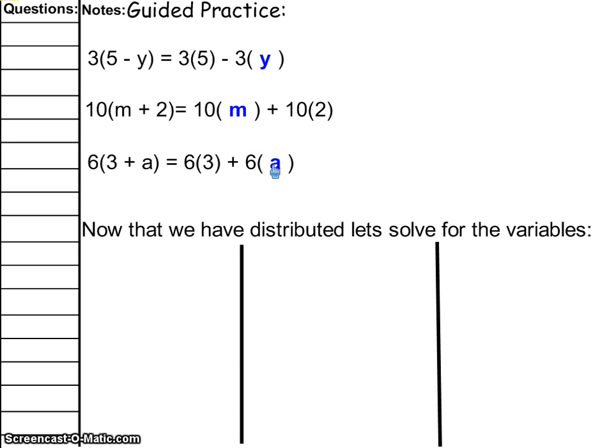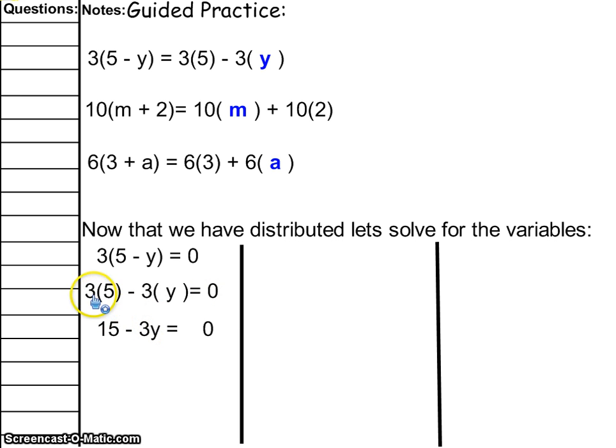Now that we've distributed, let's solve for the variables. So that means we have to create equations. So let's do 3 times 5 minus y equals 0. Again, distribute the 3 to what's on the inside of the parentheses. 3 times 5 minus 3 times y equals 0.